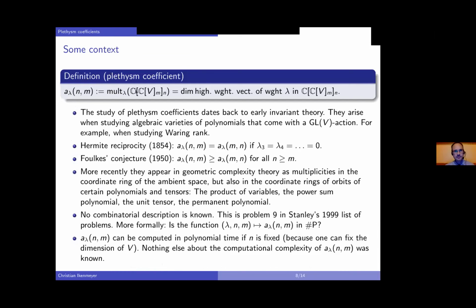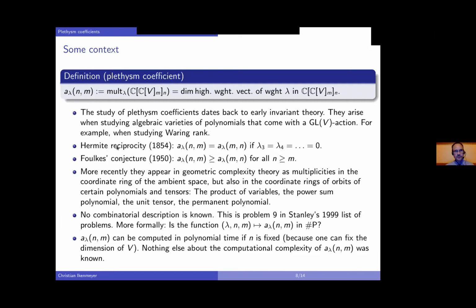Some context about this coefficient. This is called the Plethysm coefficient. It dates back to very early invariant theory, actually. Whenever you study algebraic varieties of polynomials where the varieties are invariant under base change, you will always encounter these coefficients. So, for example, you study Waring rank. This is a special type of tensor rank. Then you will encounter these coefficients.